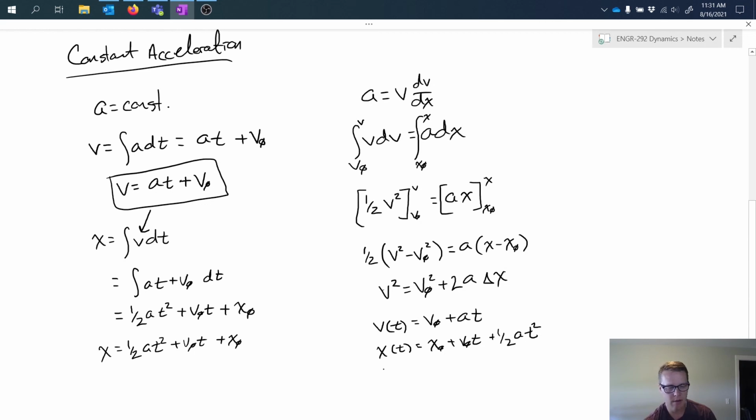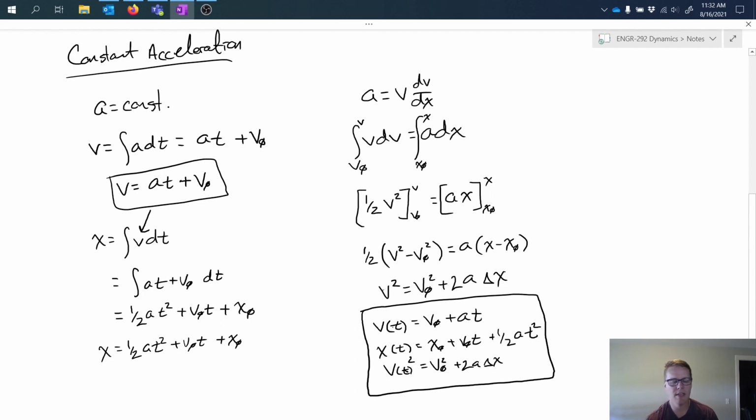And I get, let's keep it consistent, we'll call it v of t squared equals v naught squared plus 2a delta x. And these three equations become useful for me under this constant acceleration condition, and we'll find that they are particularly useful when it comes to evaluating problems.